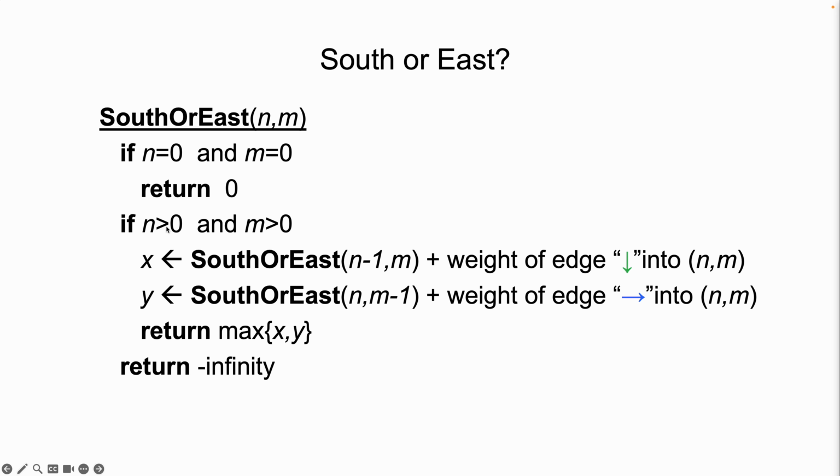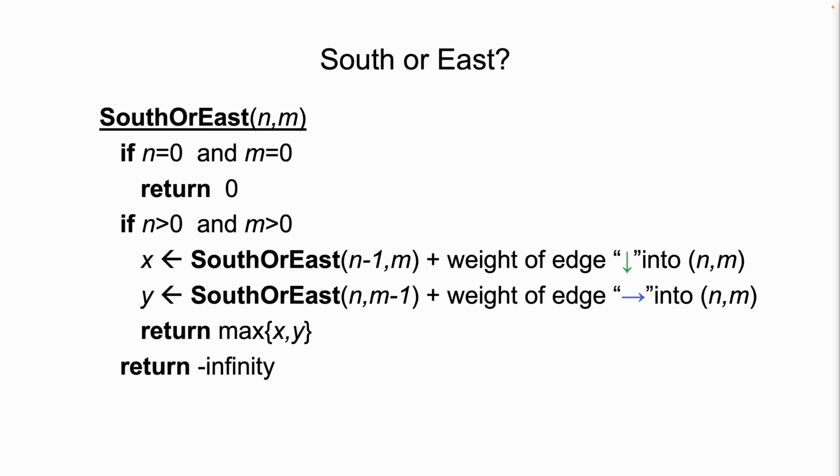Then, as we move with n greater than 0, moving down or to the right, if we go n minus 1, then we're moving down, plus the weight of how valuable that edge is. Instead of just adding 1 like we were with the change problem in terms of number of levels, we're going to score this by how valuable that edge is.